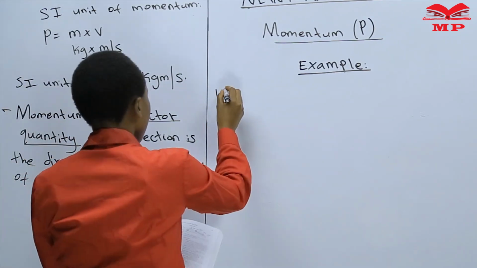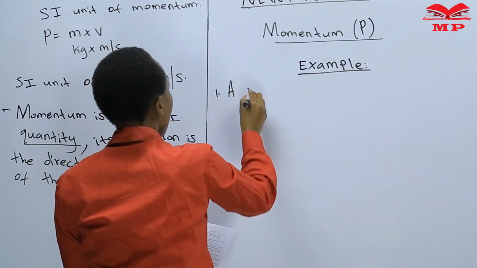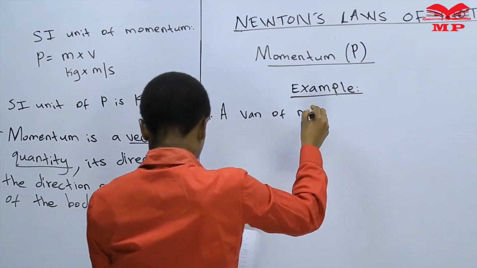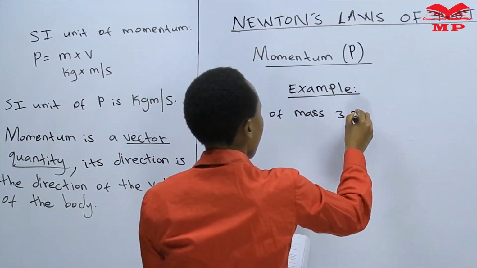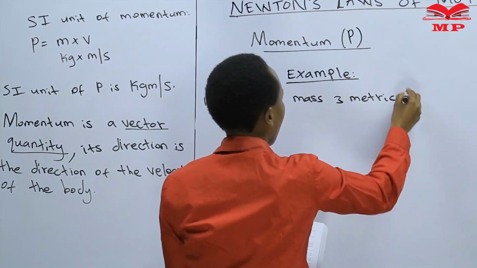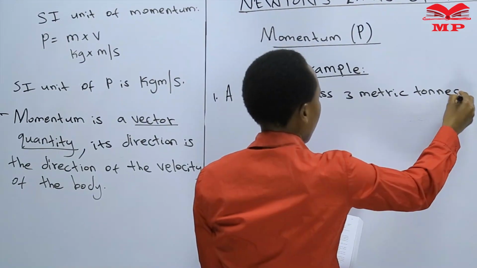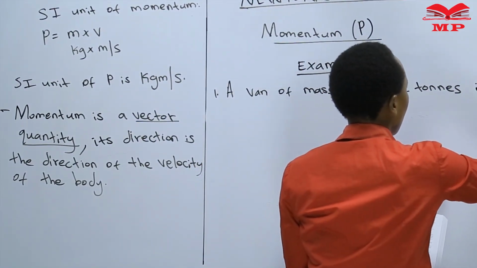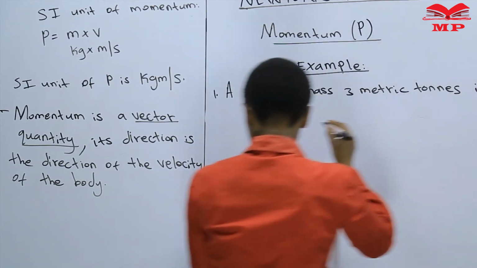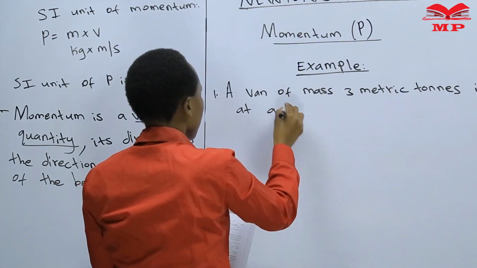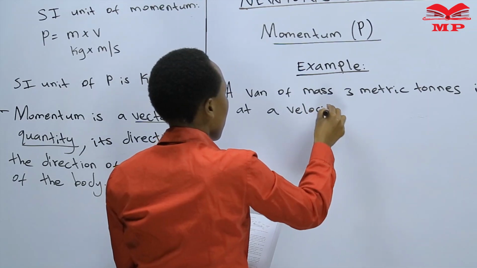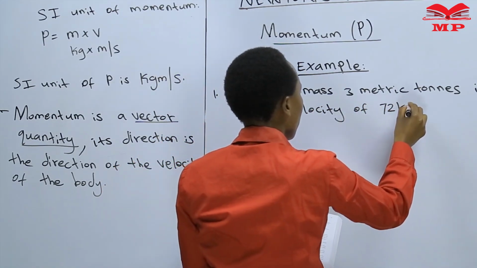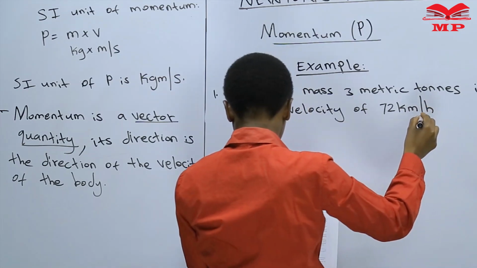Here we have a van of mass 3 metric tons, traveling at a velocity of 72 kilometers per hour.